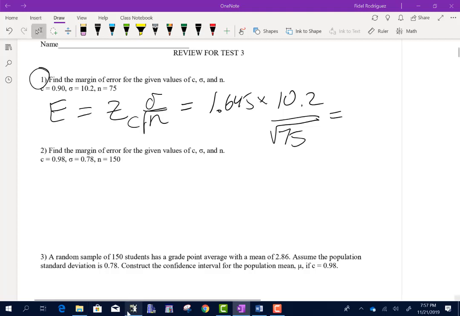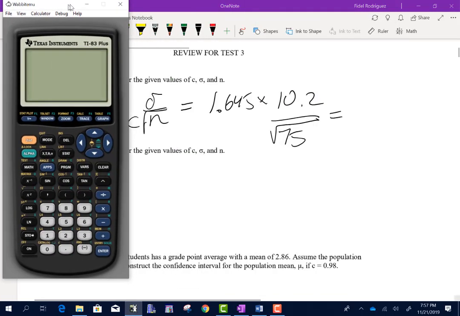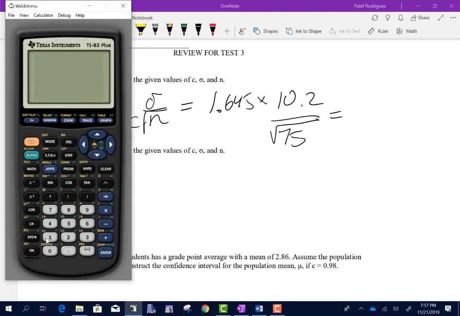Okay. Go to the calculator. Let's move it this way. Okay, turn it on. 1.645 times 10.2, equals, divided by the square root of what number? 75. Okay, enter. All right, so guys, I'll specify how many decimal places, right?